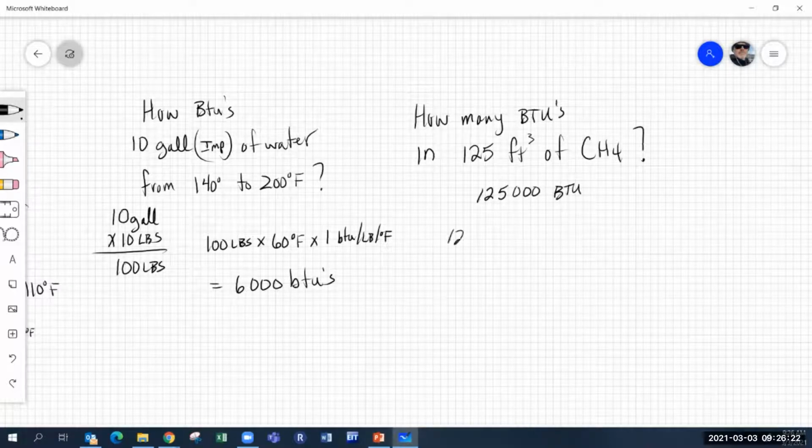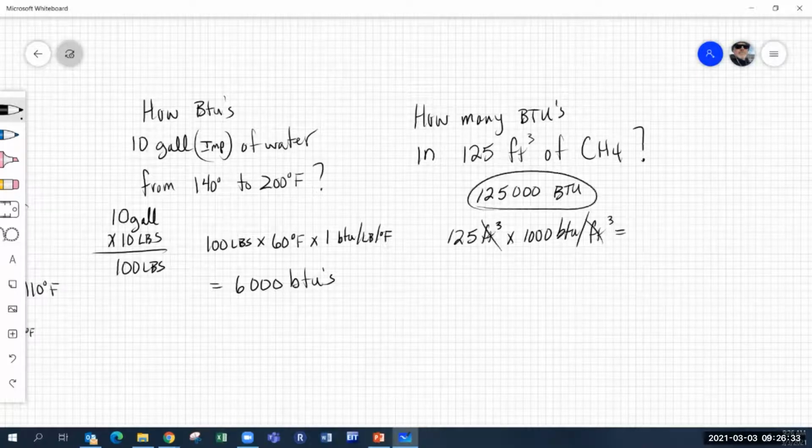That's right. So we take 125 cubic feet, multiplied by the calorific value, 1,000 BTUs per cubic foot, and they cancel out to get you 125,000. Very good.